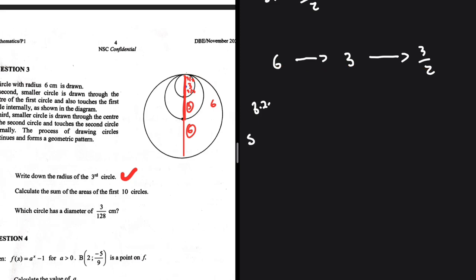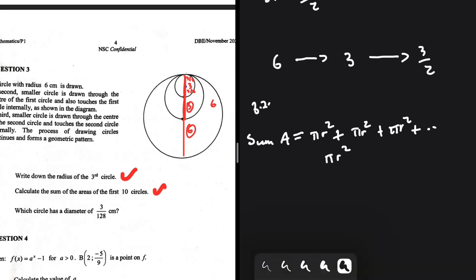The sum of the areas, let's say sum of A, is going to be pi r squared for the first circle, plus pi r squared for the second circle, plus pi r squared up until the last pi r squared, because we're looking for the sum of the areas of the first 10 circles. Okay, so this is what we have.